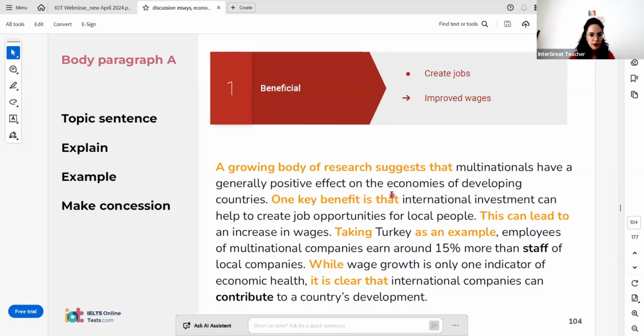My paragraph is talking about the positive effect, beneficial, contribution in other words. And I'm mentioning this here. Remember this. Indicator means sign. So indicator of economic health means the sign of economic health.